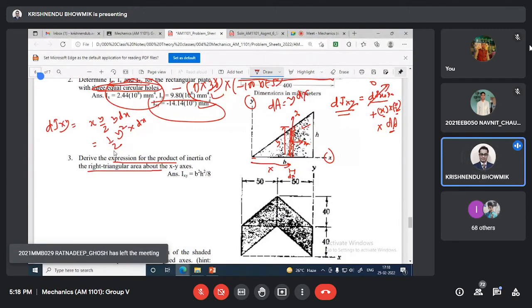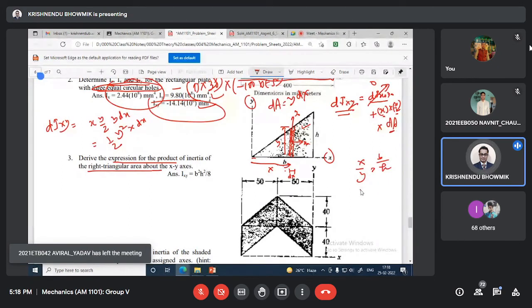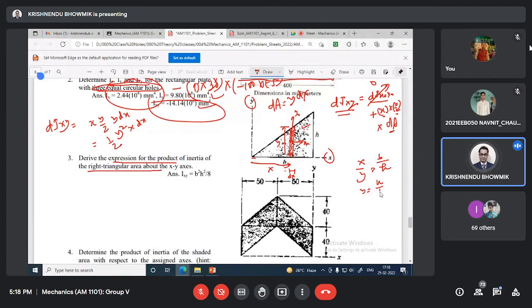Now, for this triangle, you can see x by y, similar triangles, x by y will be b by h, or y equal to h by b multiplied by x.